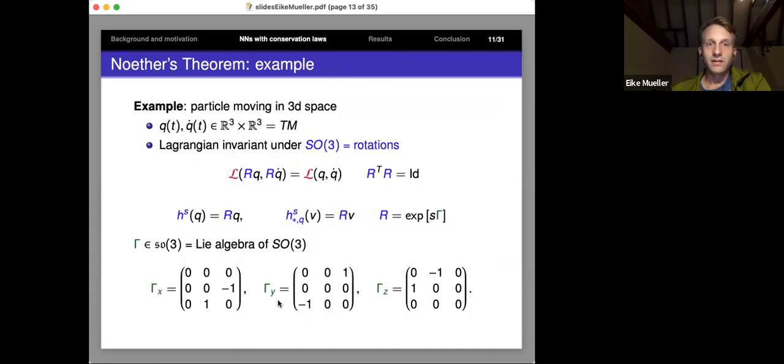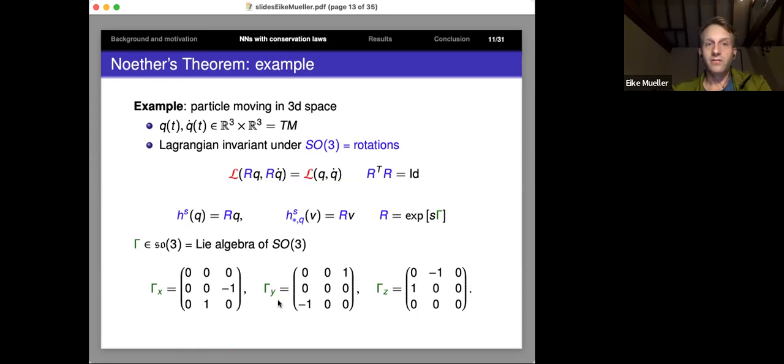Okay, so just to give you one example, if we have a particle moving in three-dimensional space, and there are no constraints, then the position and the velocity just live in the product space R^3 cross R^3. That's our tangent manifold in this case.